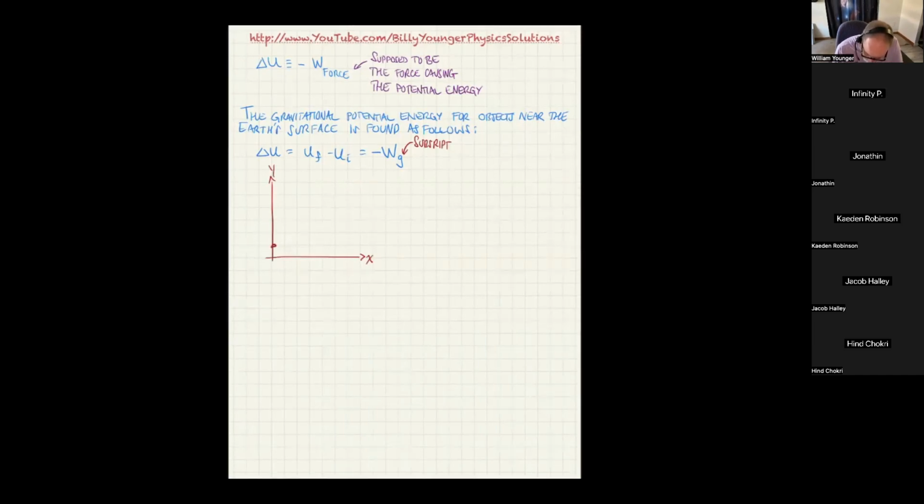So this is y sub a, and this is x sub a, and it's going to go to x sub b, which is going to be y sub b, corresponding to it like this. So the path that we're actually going to imagine is maybe I do like this and then like that. Okay. That little red dot there is an object of mass m.